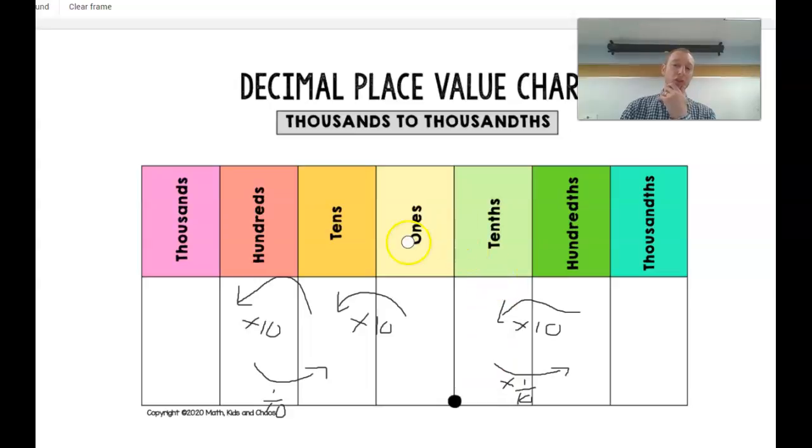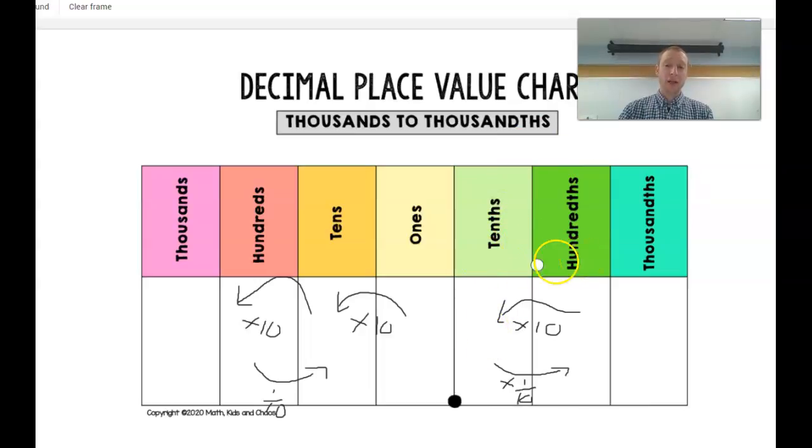So the first number we encounter after the ones place is the tenths place, then the hundredths place, then the thousandths place. And the same rule applies. As we move to the left from the thousandths to the hundredths to the tenths, we're getting 10 times bigger, right? The tenths is 10 times more than the hundredths.